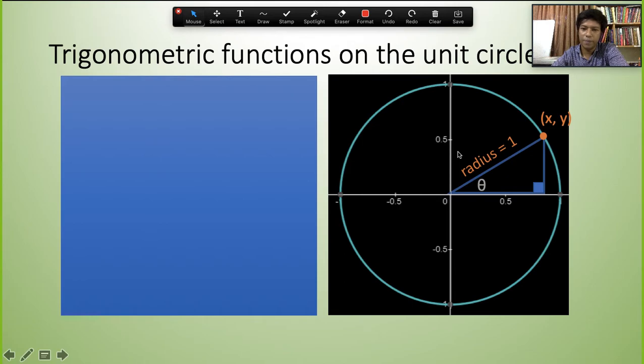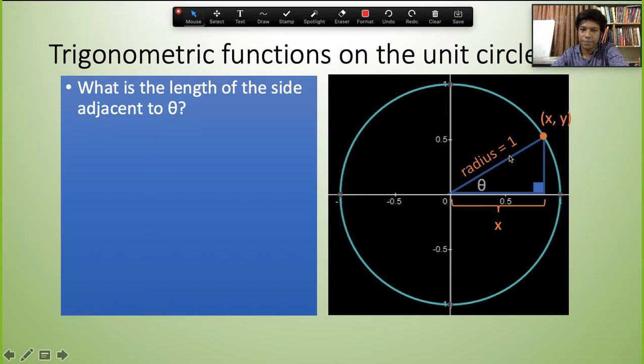What does it mean? When you have a radius of 1 unit, this is x and this is y.